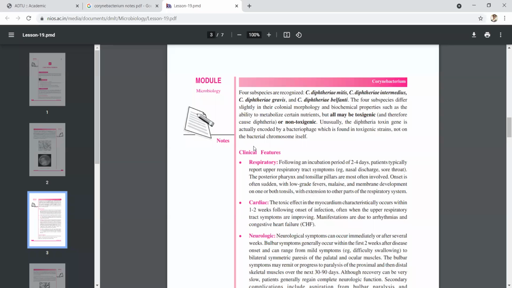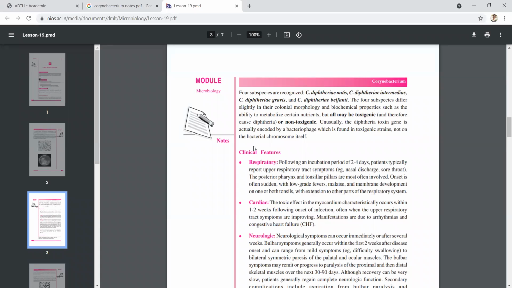Also, it has been found that this diphtheria probably has a toxin gene. Why are they confirming that it might have a toxin gene? That is because a bacteriophage is a virus which infects bacteria, and they have seen a bacteriophage present on this diphtheria, and this bacteriophage is found only on the toxigenic strains.